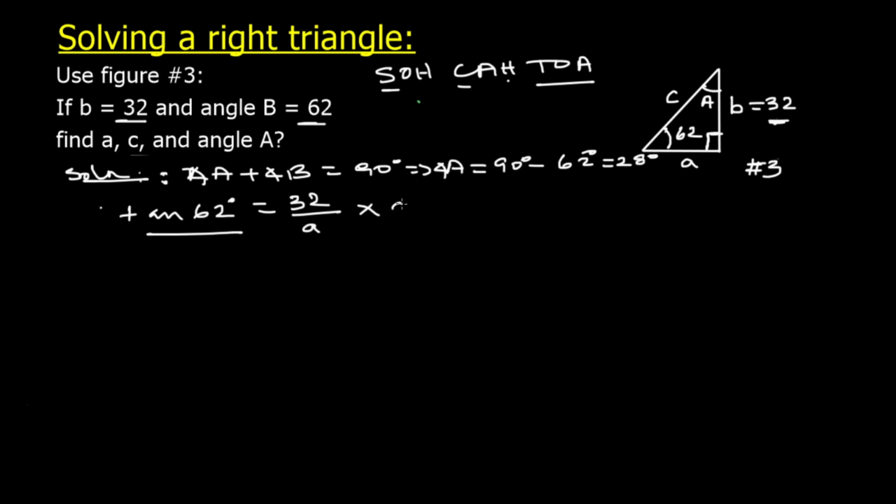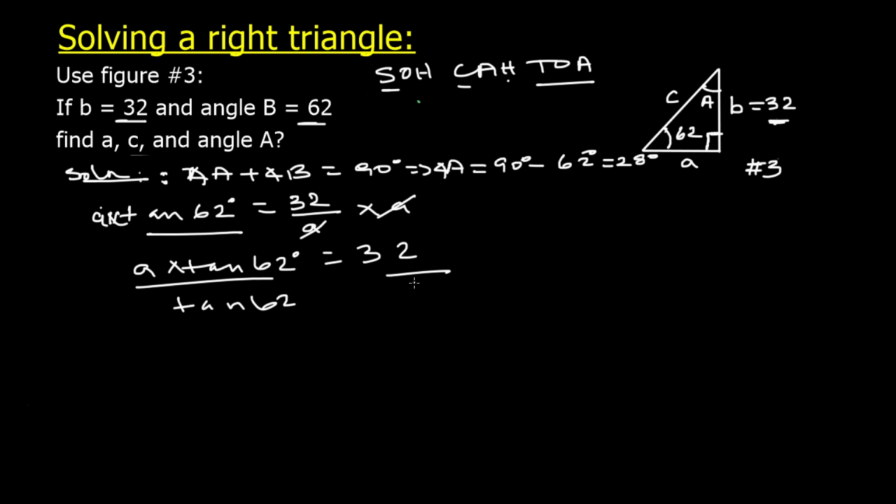We multiply A on both sides. A cancels out, and we have A times tan 62 equals 32. We divide tan 62 on both sides. These two cancel out, and A equals 32 divided by tan of 62.